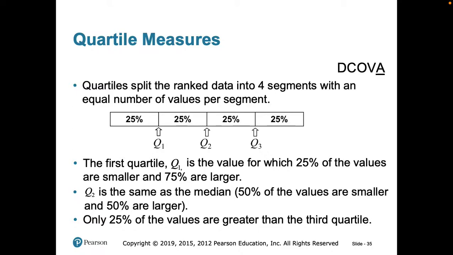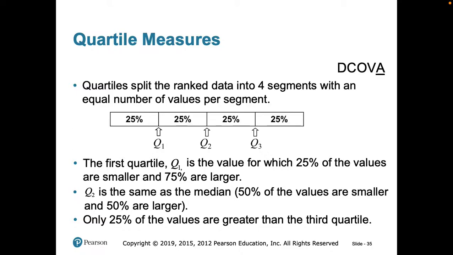So it's kind of the same thing when it comes to quartiles, right? You're grabbing all of the data, and then you divide it into 4 segments, and then you have your first quartile, which is going to be the 25% of all the values that you get. So it's going to be less than the 75%. The other 75% of the data are going to be in the other 3 quartiles. But this is your quartile 1.